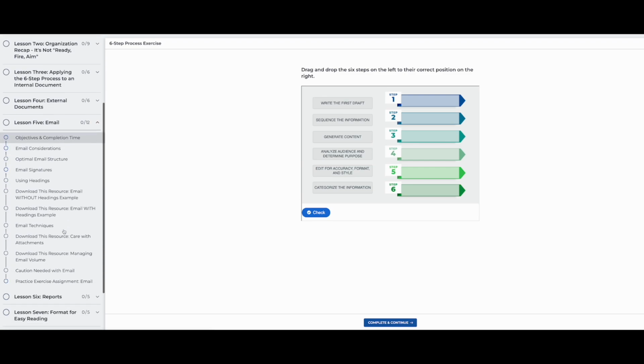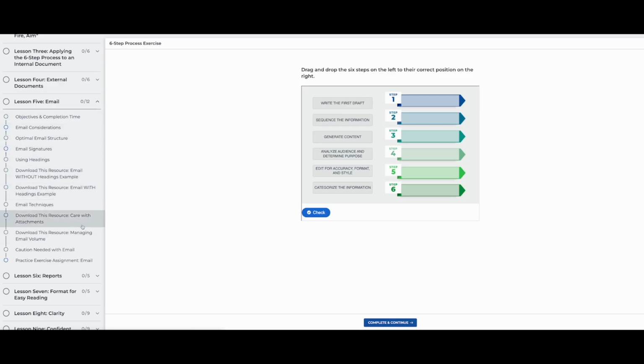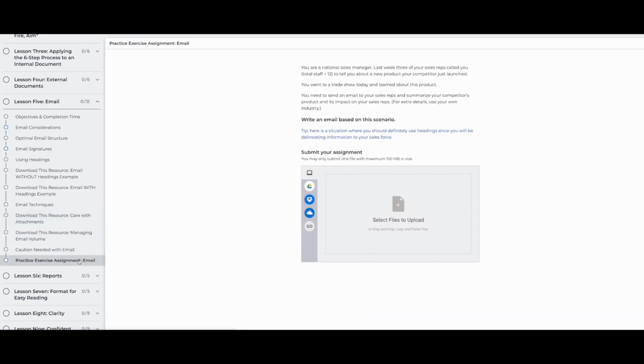So as you can see, there's all of this instruction about email, specific instruction about that. And then we're going to ask you to write. So we give you a scenario, and we ask you to write an email based on the scenario that we provide.